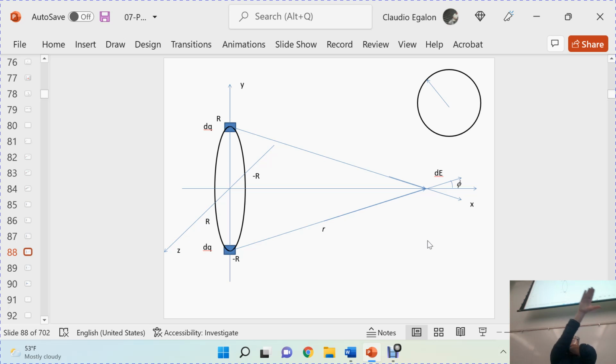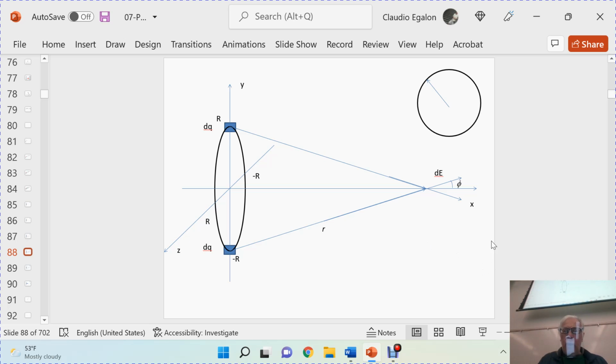This position vector spans a cone in three-dimensional space. Here we have an infinitesimal charge contribution, here we have another, and so on. Each infinitesimal charge contribution in this ring has the same distance to the point where I'm trying to calculate, right?